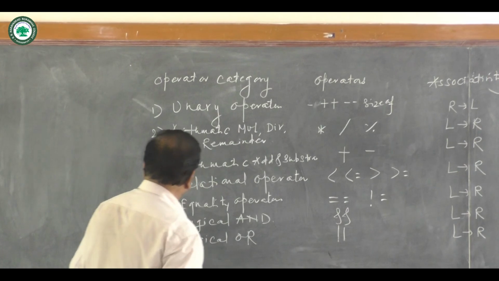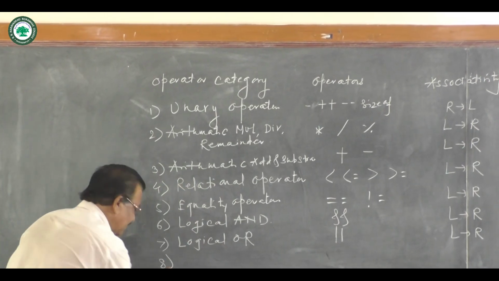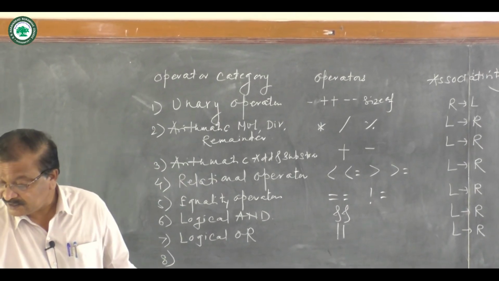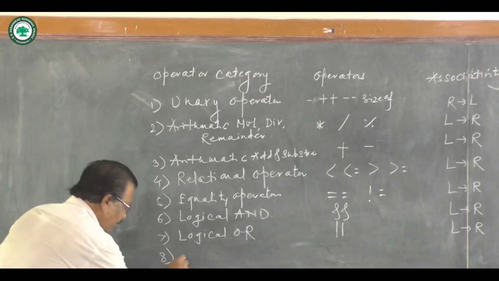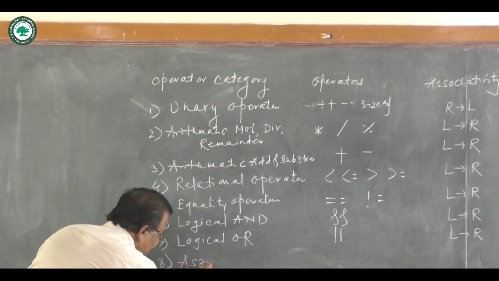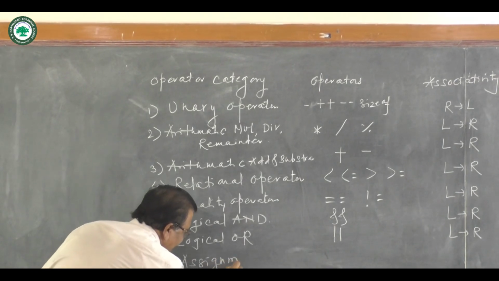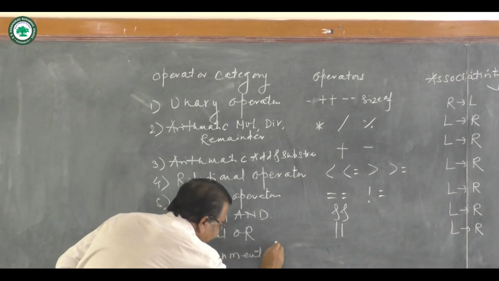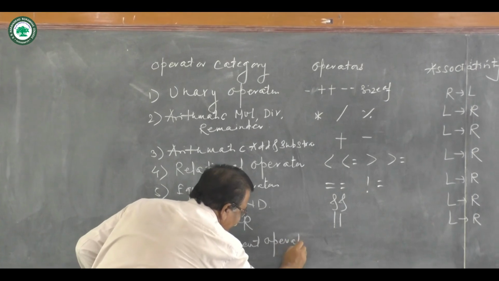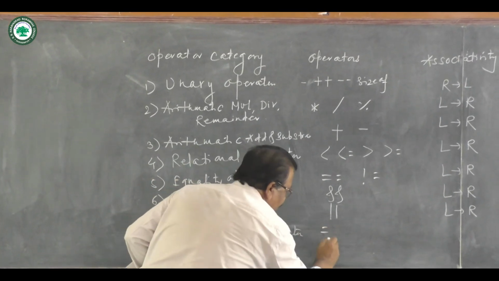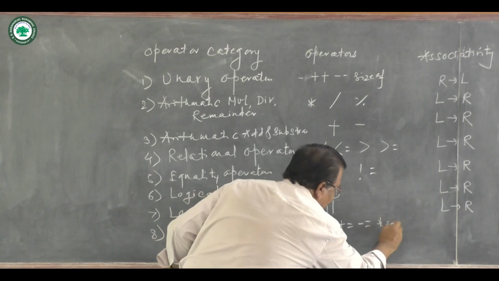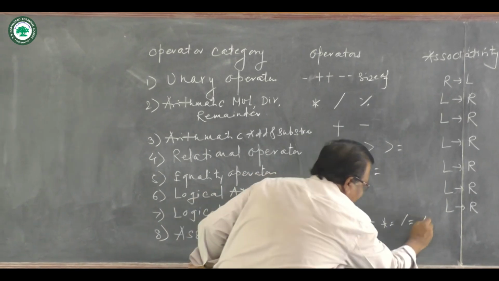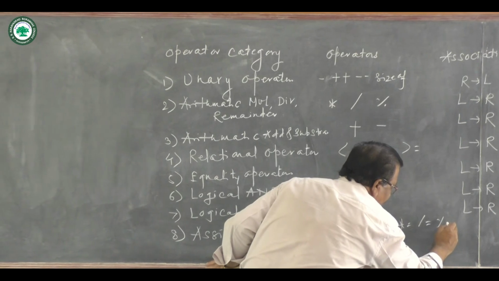And then the eighth one, the final one, the least priority or precedence, goes to assignment operators. Equal to, plus equal to, minus equal to, star equal to, slash equal to, percent equal to.